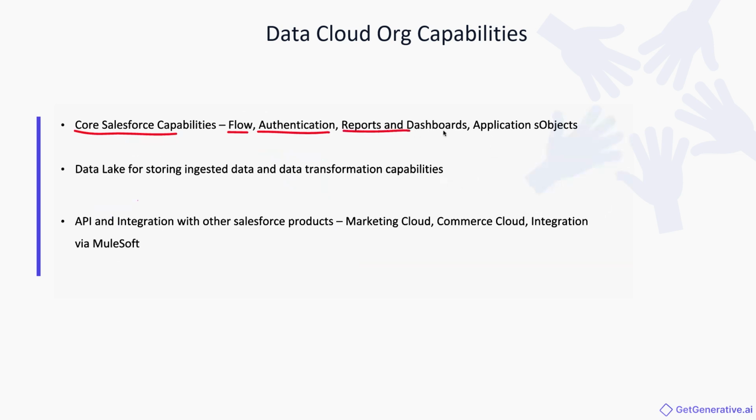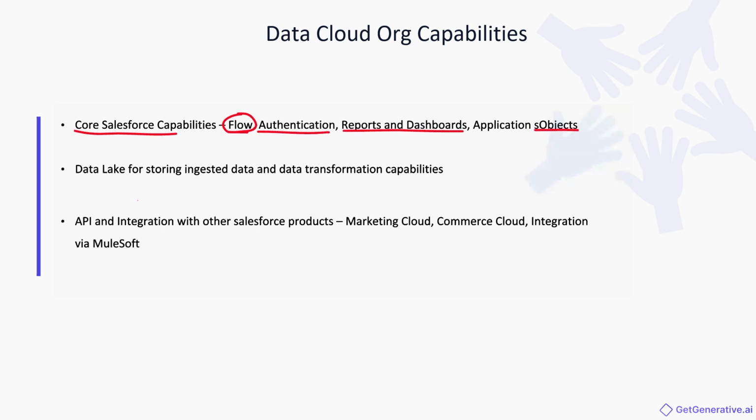Your Salesforce standard reports and dashboards, and your sObjects, standard or custom objects, can be utilized within Data Cloud, or the Data Cloud data can be utilized within Salesforce core. That means, if I take an example of a Salesforce flow, you have a record-triggered flow where if anything is created or updated, you can perform certain activities with Salesforce core objects.